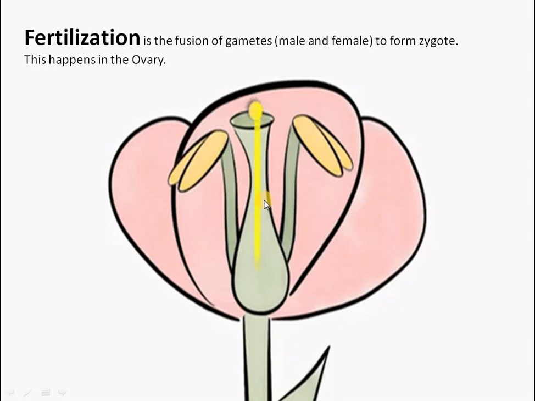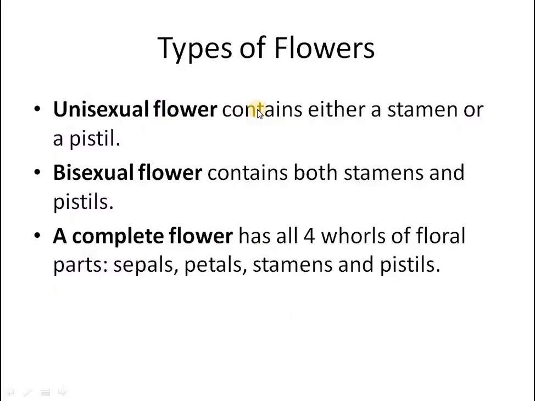It transfers the male gamete present in the pollen grain and leads to fusion of the male gamete with the ovule, which contains the female gamete, in the ovary. So fertilization is a very important part of sexual reproduction in plants. Now we have to see how many types of flowers there are.